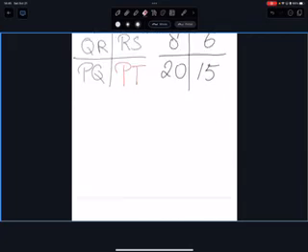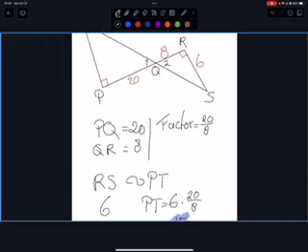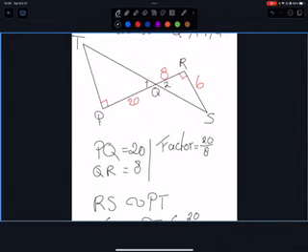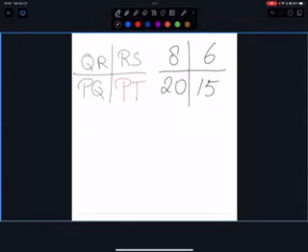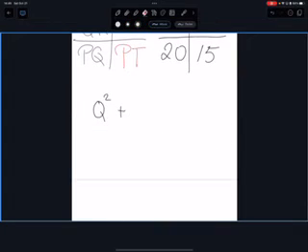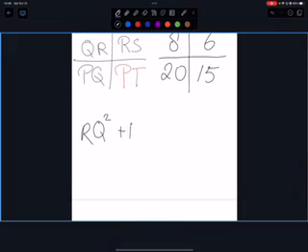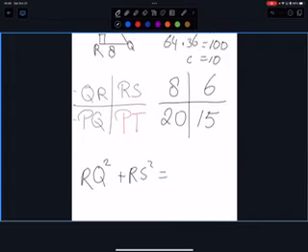So you say, for example, what is it? RQ squared plus RS squared. Yeah, that's what you use? Okay. PQ squared... PQ, oh no, sorry, it's RQ squared. RQ squared plus RS squared equals QS squared.